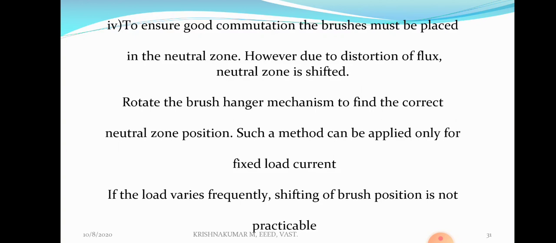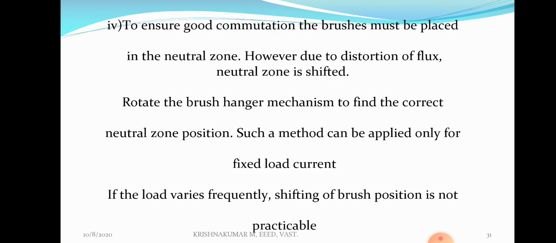So we can avoid the cross magnetizing effect and sparking to a certain extent. But for varying load application, when load changes, load current changes, the magnetically neutral axis zone also changes. So magnetic neutral zone is always changing according to the load variation. Therefore, this method is applicable for fixed load machines.